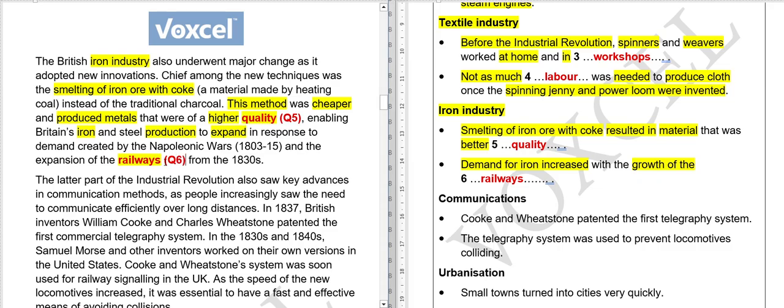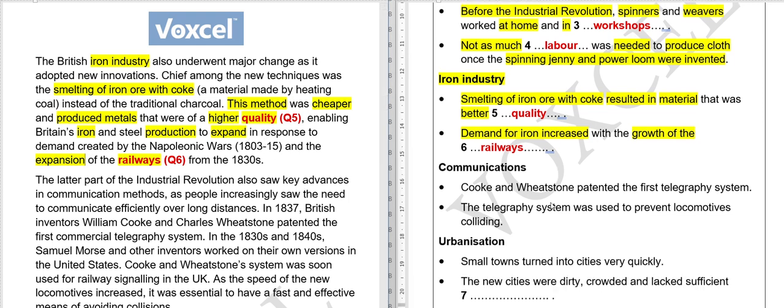So let me tell you why this is our answer. Here they are saying demand for iron increased, iron production expanded in response to. So with the growth of, where it is written expansion, again meaning increment. So here they are using similar family words. I hope it is clear.